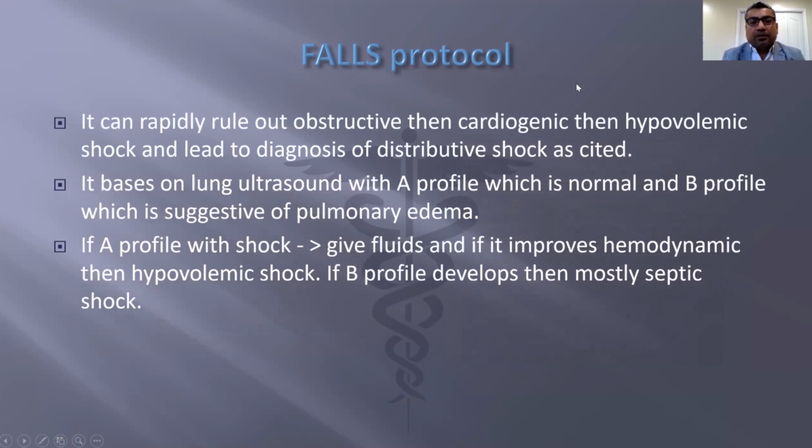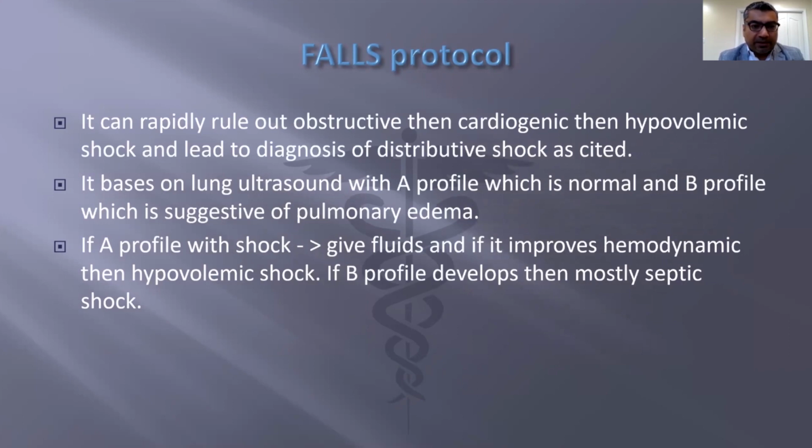Now, we do use the FALLS protocol in the critical care unit mostly, and that came out to rapidly rule out obstructive shock first, and then cardiogenic, and then hypovolemic, and that leads to diagnosis of distributive shock. And most of them are septic shock.